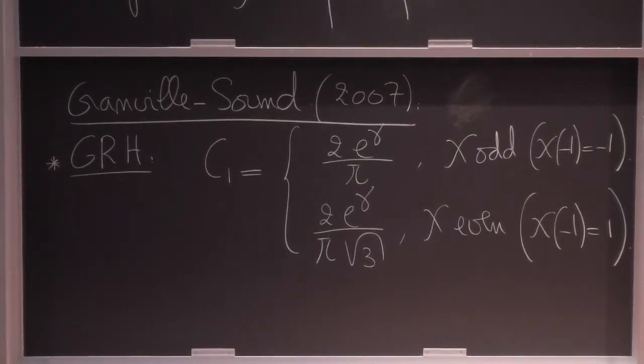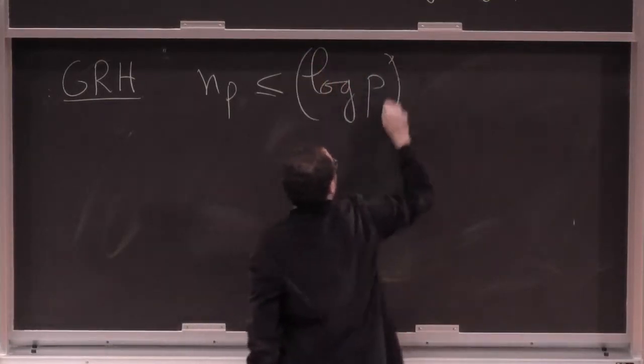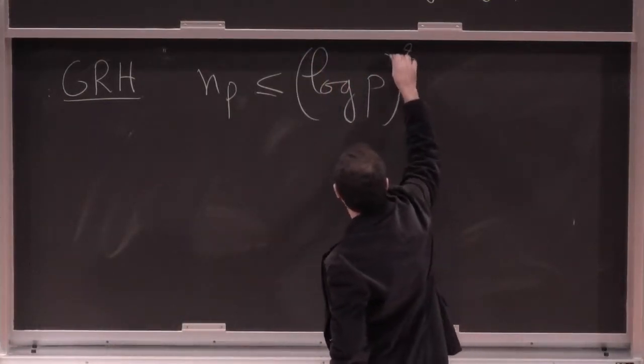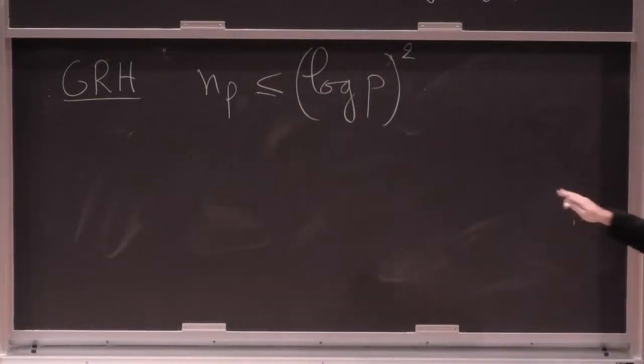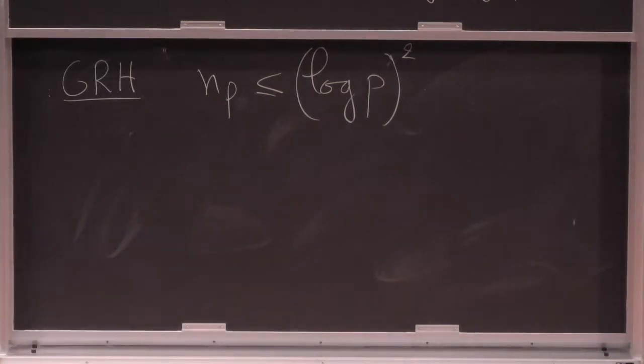So on GRH, Vinogradov's conjecture is true, and in fact, the least quadratic non-residue is even smaller than p to the epsilon. On GRH, you can show that n_p is less than (log p) squared. Okay. So big O of (log p) squared was due to Ankeny from the 50s, and this explicit result is due to myself, Xianan Li, and Lamzouri. So this is the current knowledge on n_p.